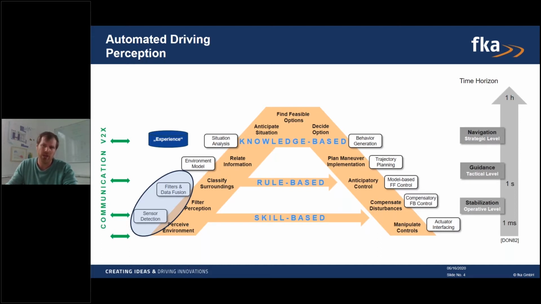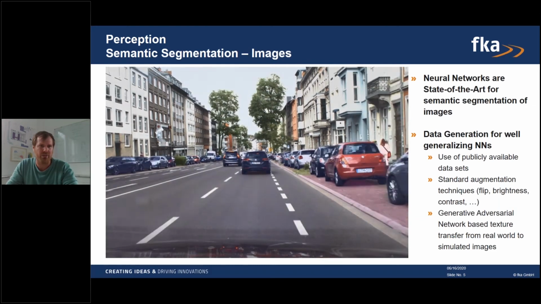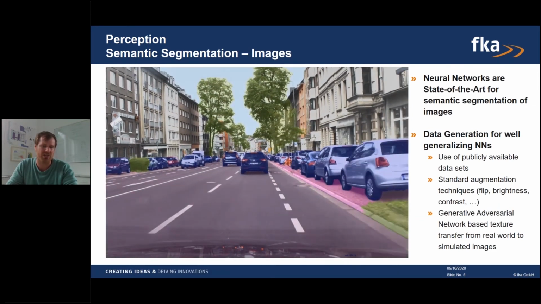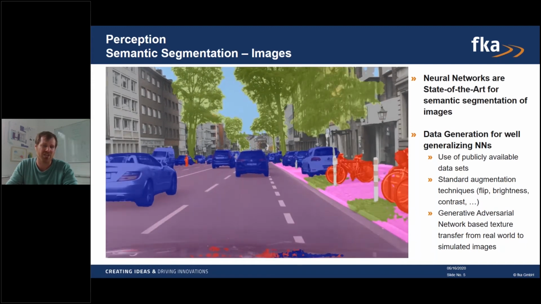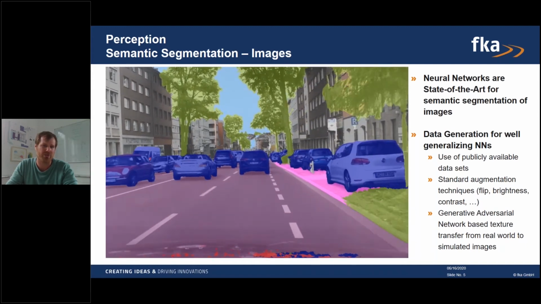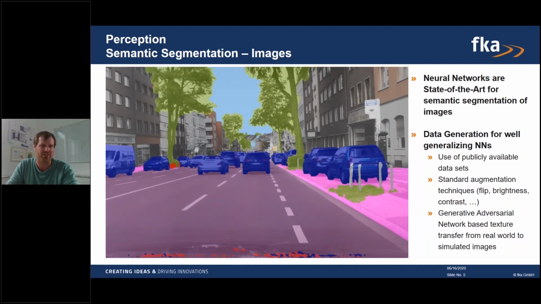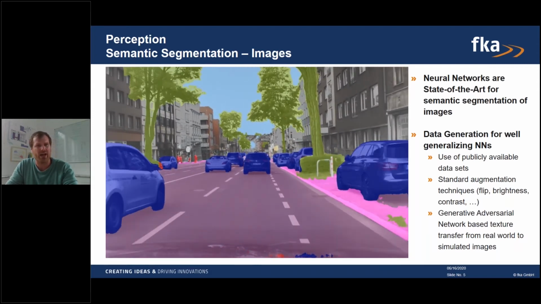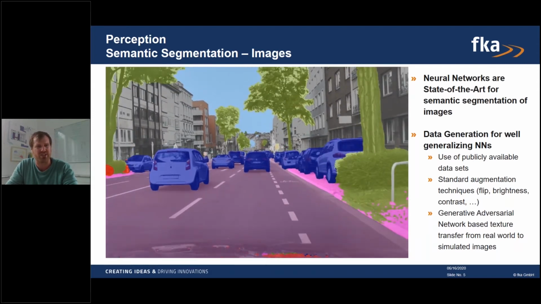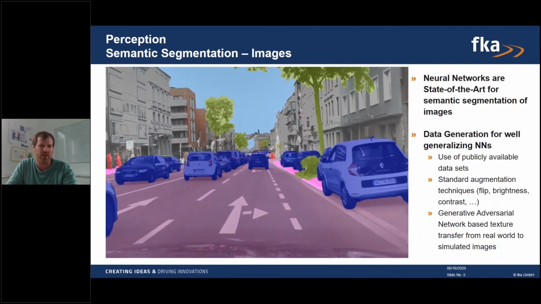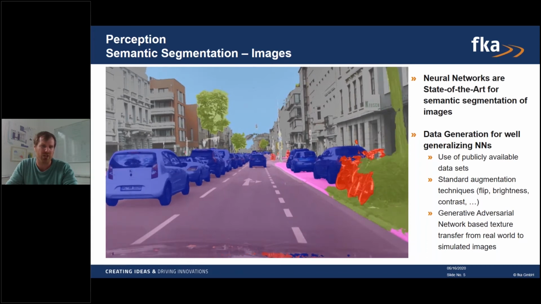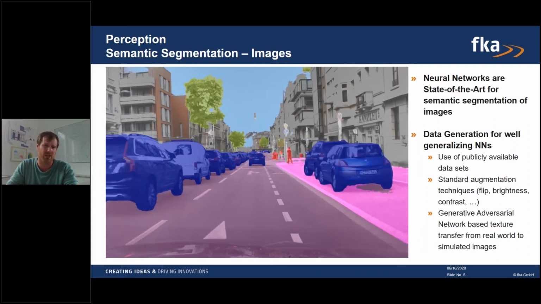And I want to start with the image sensor, basically cameras, and you all know that is a really important sensor, not only since Tesla is focusing highly on image processing techniques, but a lot of information can be retrieved from images.